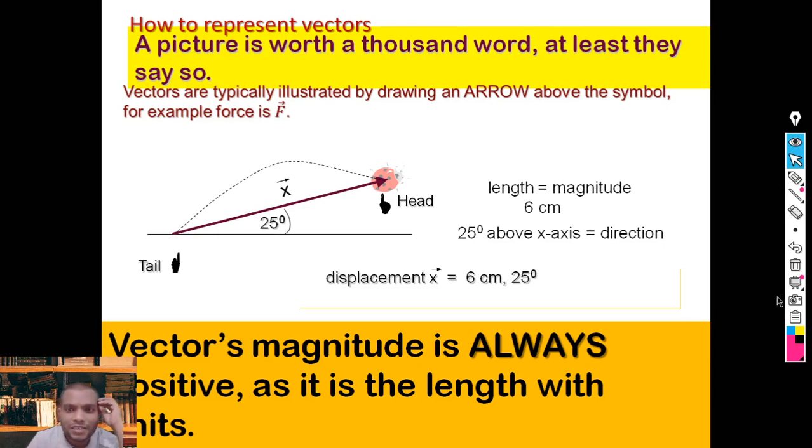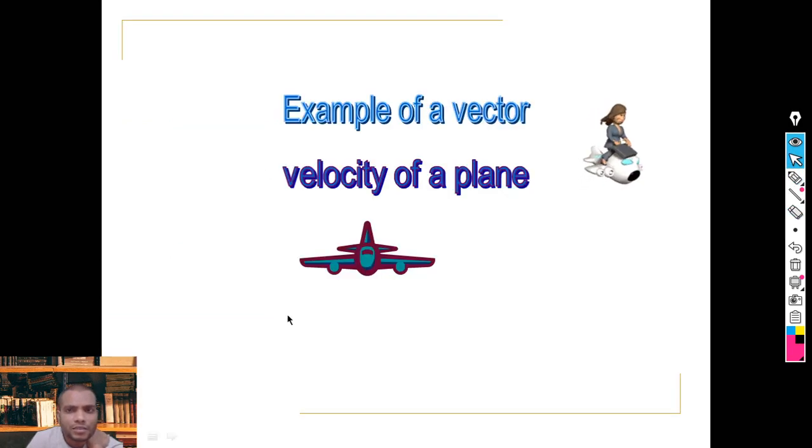So when we represent vectors, be careful. The magnitude always comes with a positive sign, and the unit must be represented, and the rest represents its direction. If a vector has a negative sign, it tells us it is moving in the opposite direction. That you can also see.